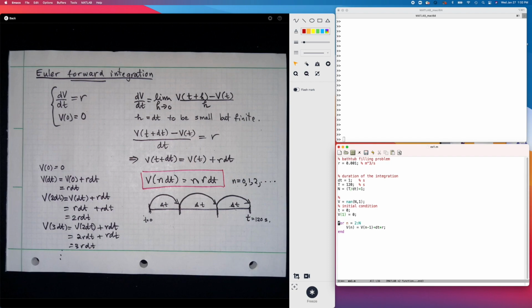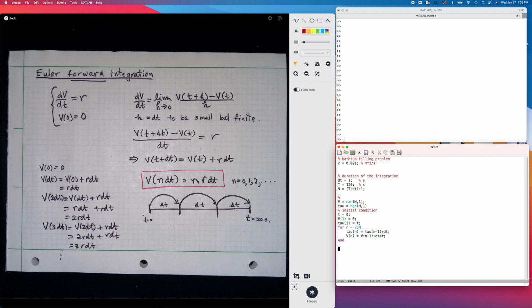So maybe I should increase the time variable. So let me also have a time variable. Tau is equal to nans, and then tau of 1 is equal to t. And here, tau of n is equal to tau of n minus 1 plus dt.